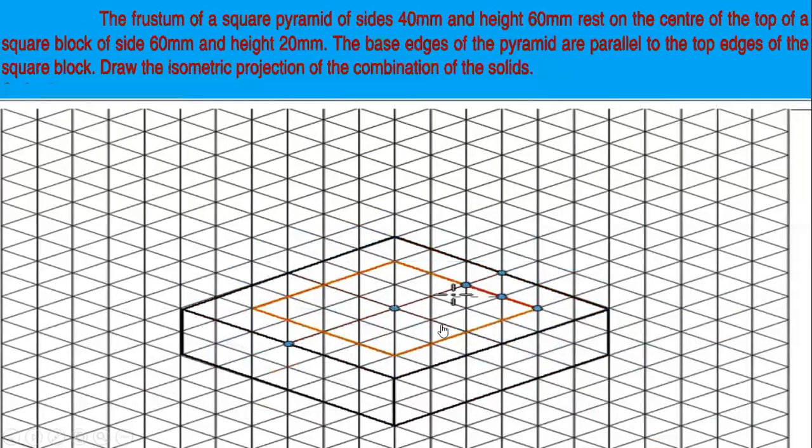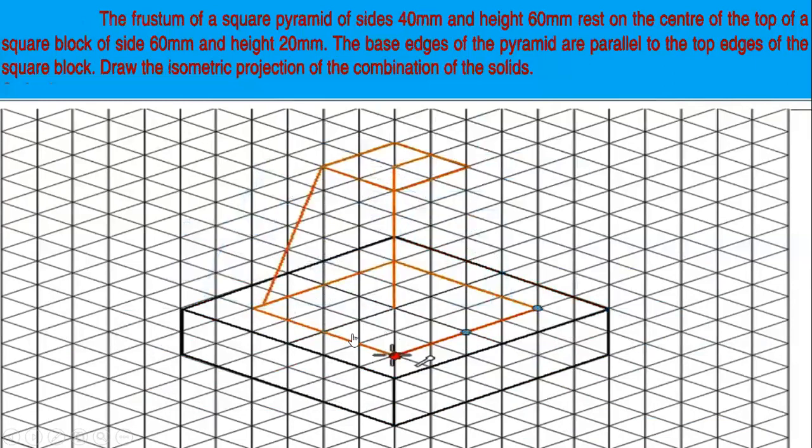This completes a square of 40 by 40. From the center, height is equal to 1, 2, 3, 4, 5, 6, 60 mm. There you have to construct a square of 20 mm. So 10, 10, 20, 20, 20 and 10. This completes the construction of the 20 mm square.